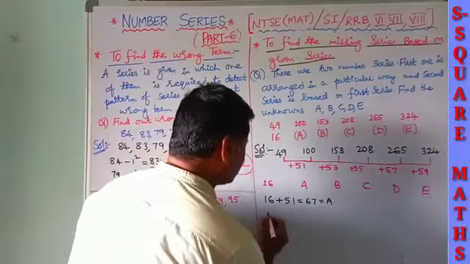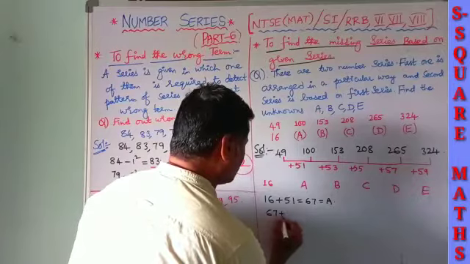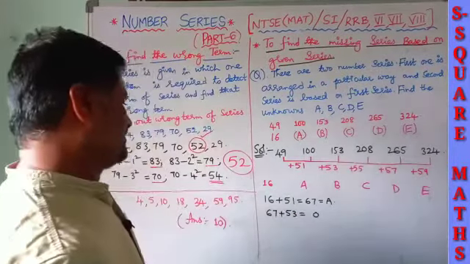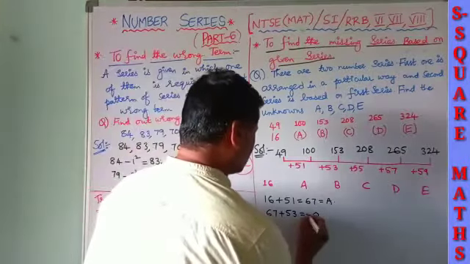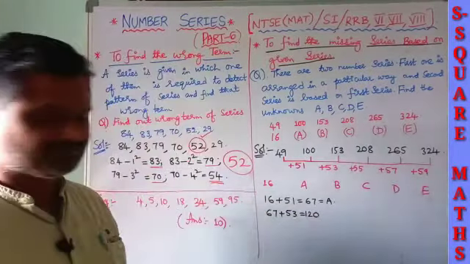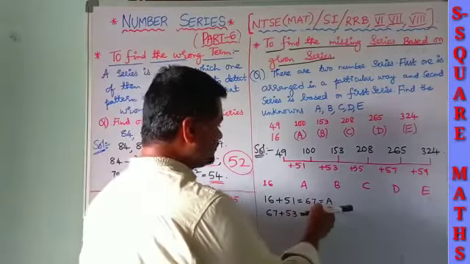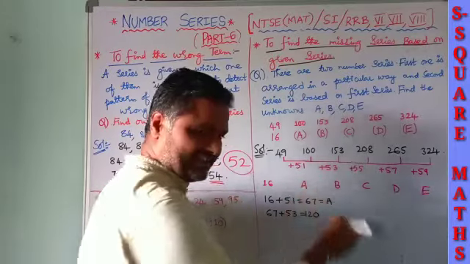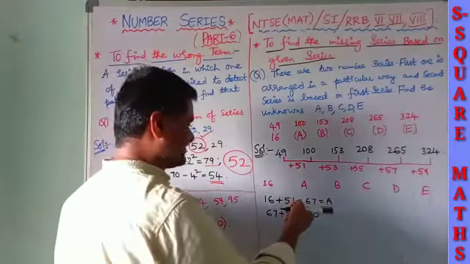So for 67, what should we add? Plus 53, which gives 120. So the first unknown is nothing but A, where we got 67.